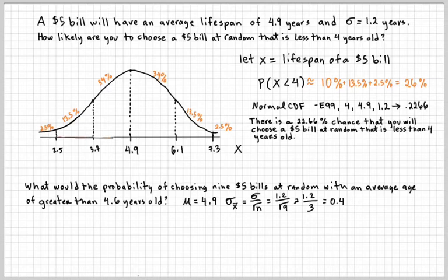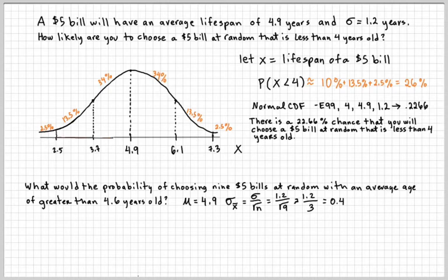Okay, sigma is 1.2 divided by the square root of n. And the square root of n is 9. Square root of 9 is 3. 1.2 divided by 3 is 0.4. So this new standard deviation of 0.4 is going to be utilized to determine the spread for a group of 9.